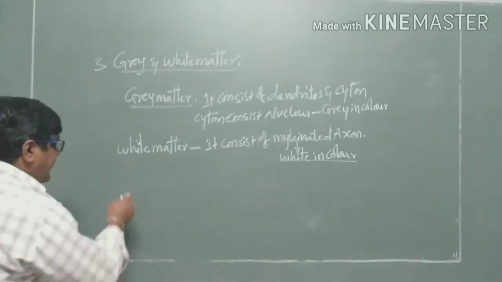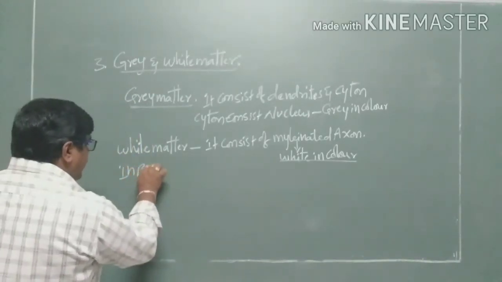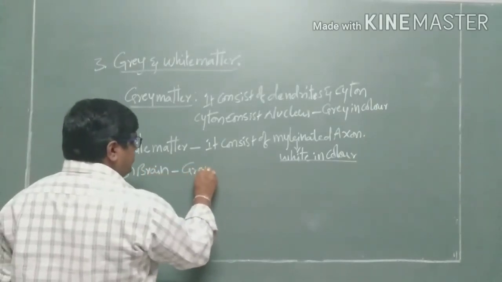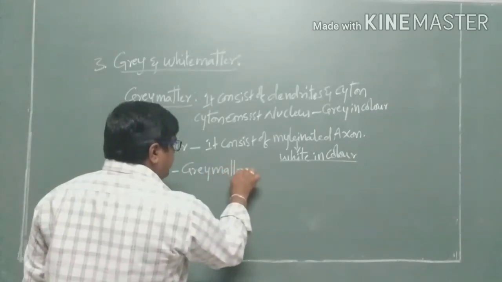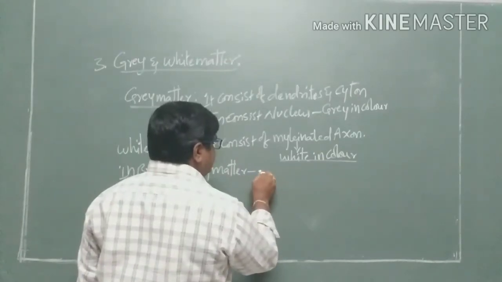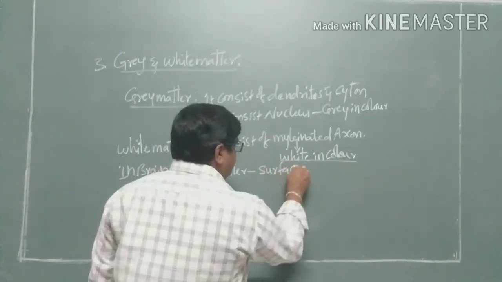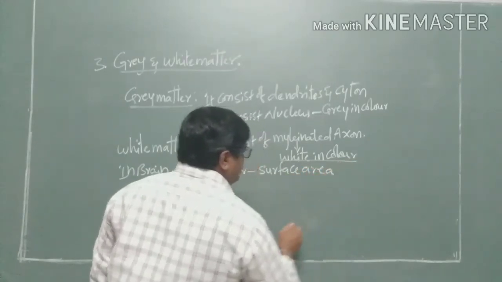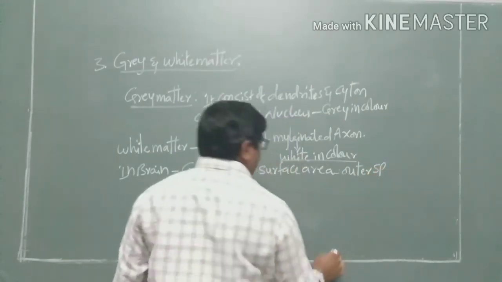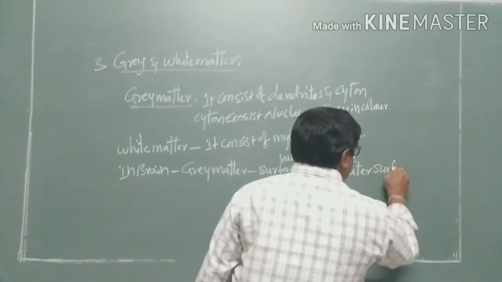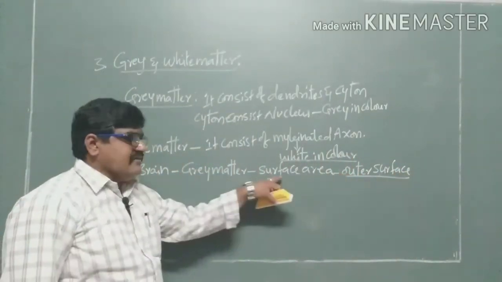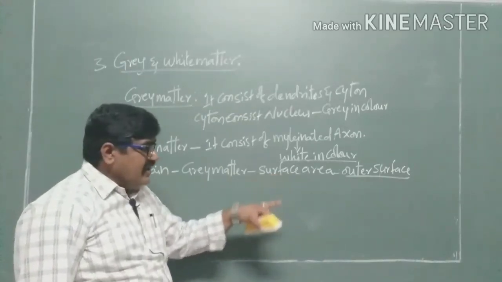So here in the brain, the gray matter occupies the surface area, that is the outer surface.